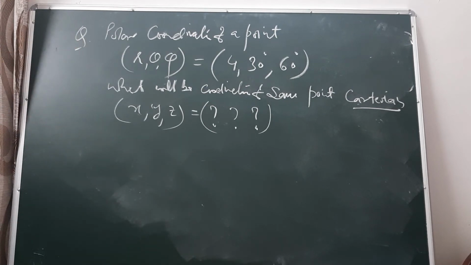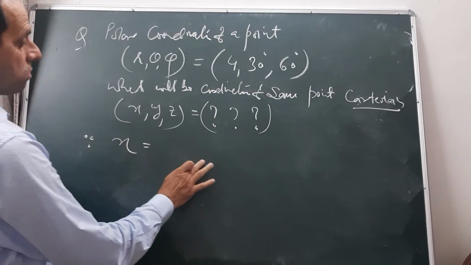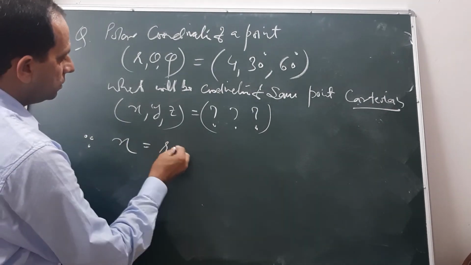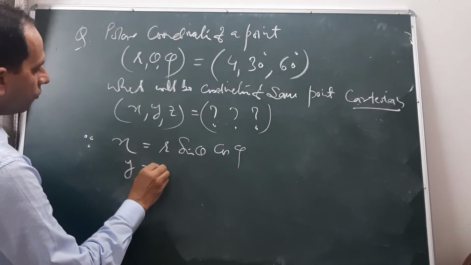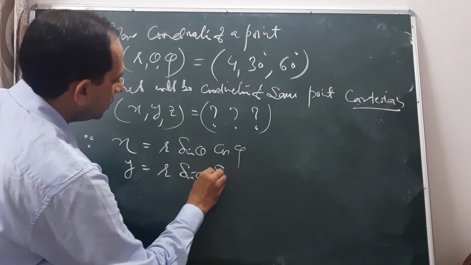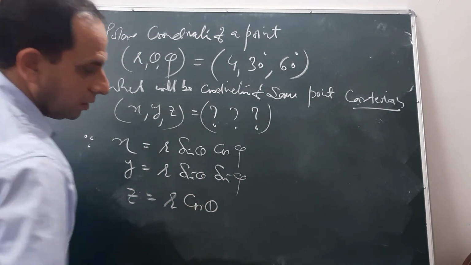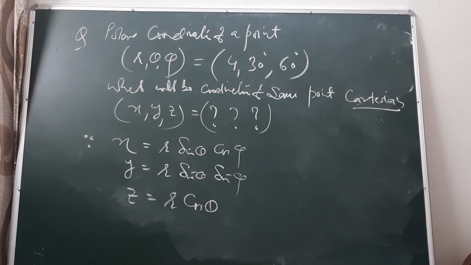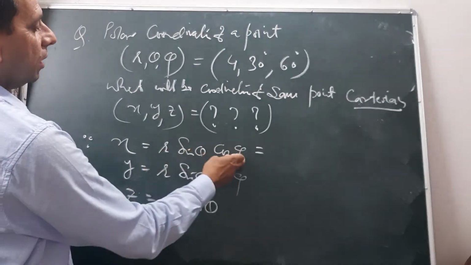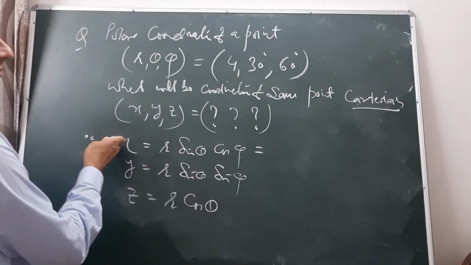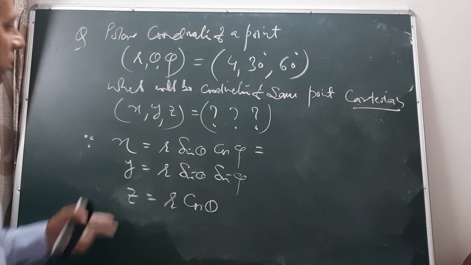We have already proved that x is equal to r sin theta cos phi, y is equal to r sin theta sin phi, and z is equal to r cos theta. On putting the values of r, theta, phi here, we find x, similarly y and z.